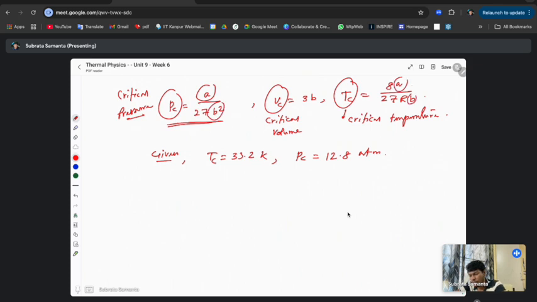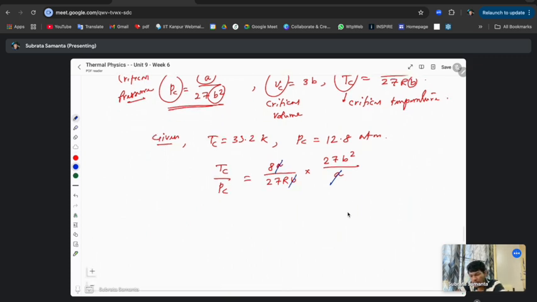So once you divide Tc over Pc, Tc is 8A over 27 RB, and multiplying by 1 over Pc, that is 27 B square over A, the A cancels in numerator and denominator, one B cancels, and 27 also cancels.